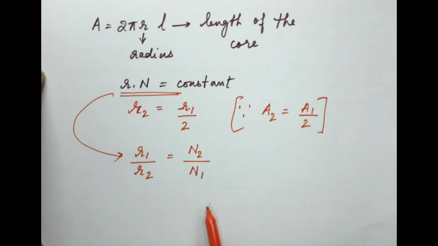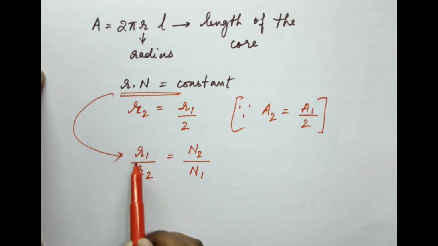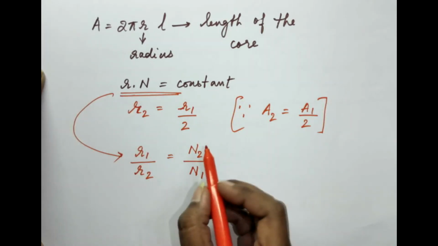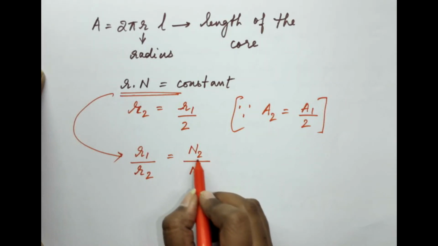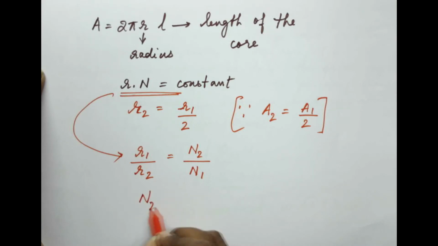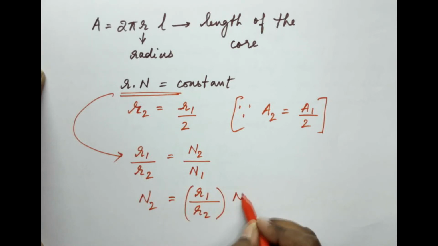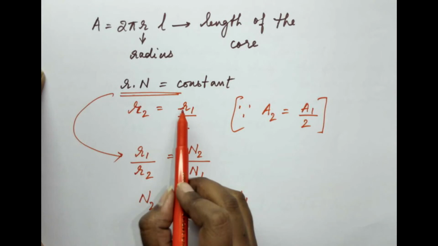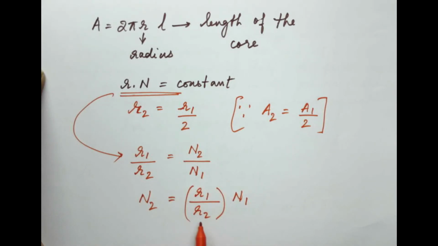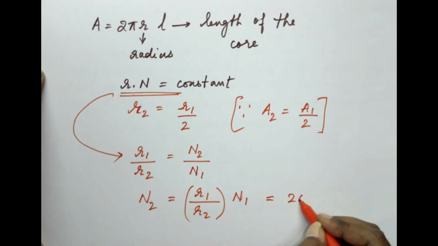So from this, we have our initial value of the radius. We also know that the initial number of turns is n. So if the radius is reduced by half, what happens to the number of turns? Let's see now. We'll have to write it in terms of N2. N2 is equal to R1 by R2 into N1. Now what is R2? R2 is R1 by 2.